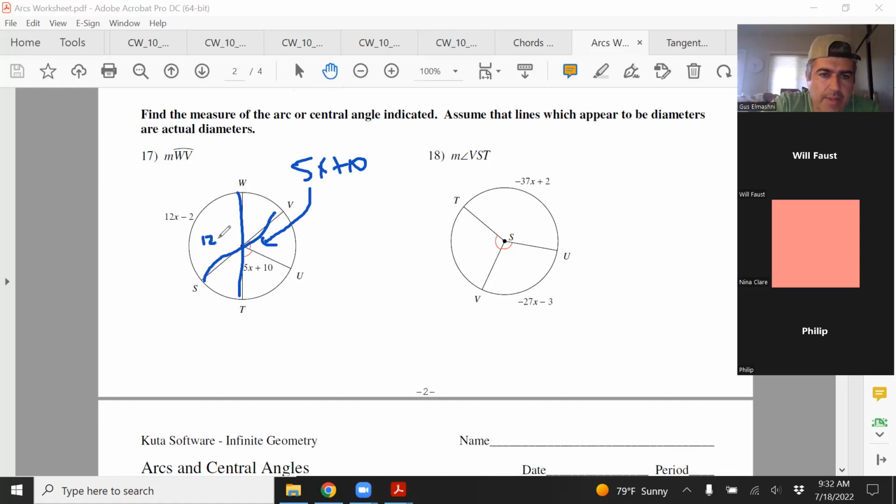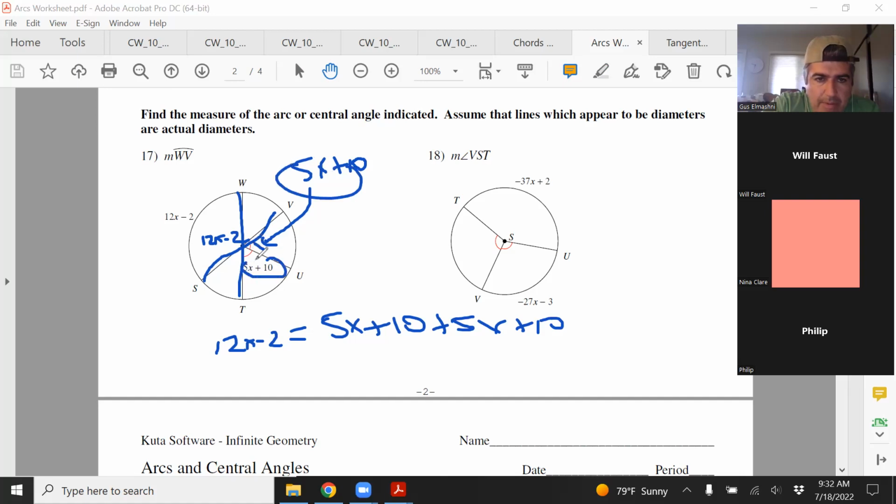So this is also 12x minus 2 because it's the same as the arc it intercepts. So 12x minus 2 is going to equal 5x plus 10 plus 5x plus 10. The reason I'm adding 5x plus 10 twice is because that makes up this part over here, which is equal to 12x minus 2. And then you solve for x after that.